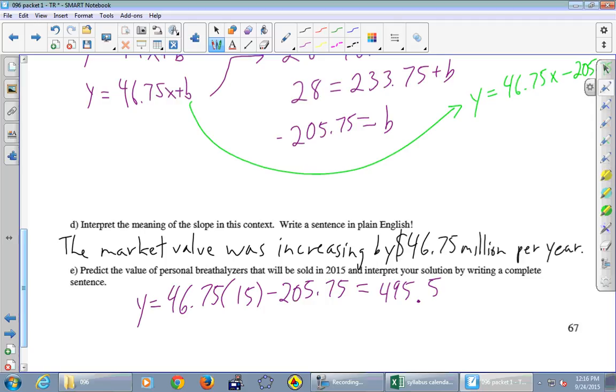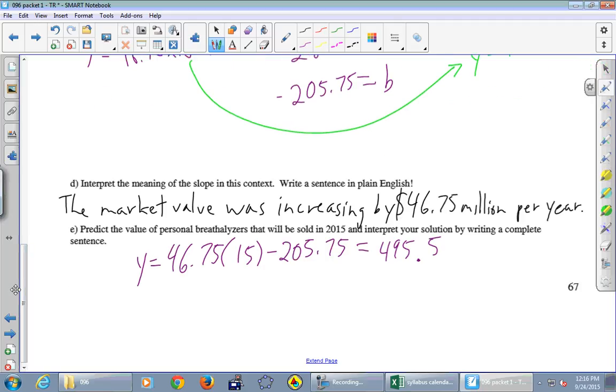Somebody want to give it a shot out loud here? Someone be brave. How's that sound? Value of personal breathalyzers will be $495 in 2015.